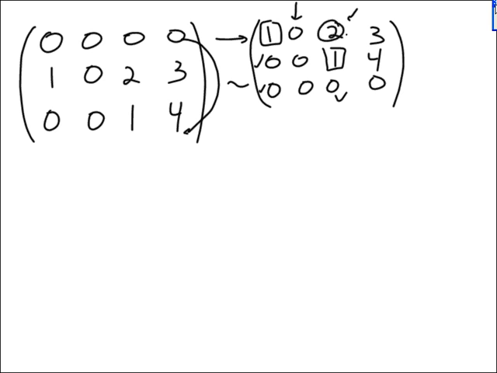Well, the common multiple between 1 and 2 is 2, and row 1 already has a 2, so I'm going to leave row 1 alone. I am going to double row 2, because when I double 1, I get 2. After doing that, both of these entries will be 2. So then I subtract.